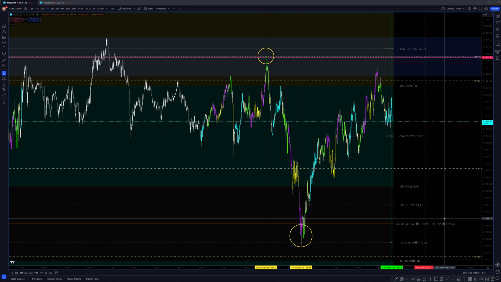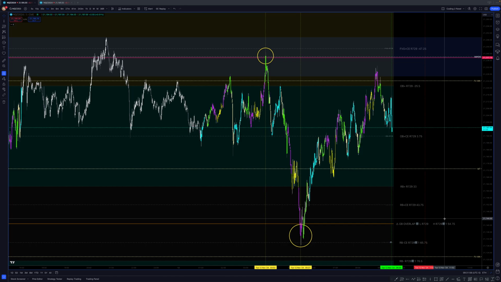I first met him in the ICT forum, and was really impressed with the amount of work he'd done on ICT's studies, and always did want to learn more from him. Fortunately, he came out with a way to do that. These are his. He calls them Goldbach levels. They're based on the power of 3.